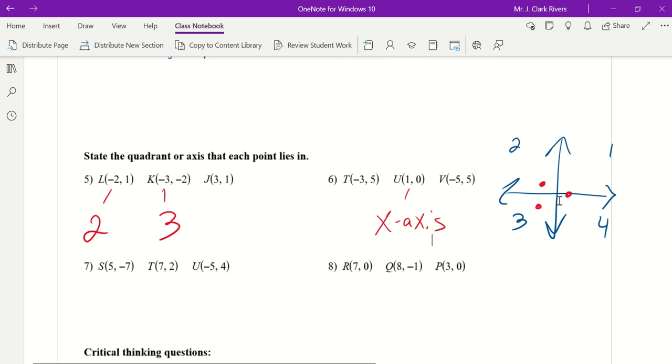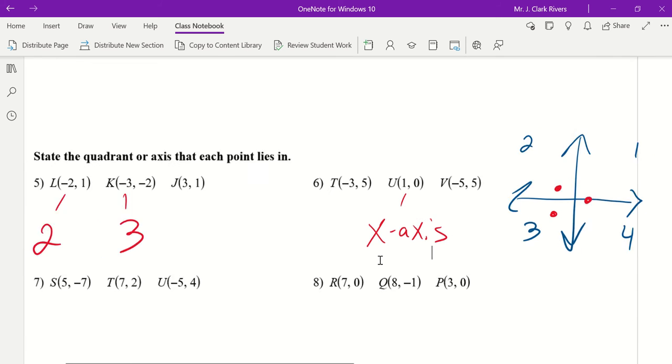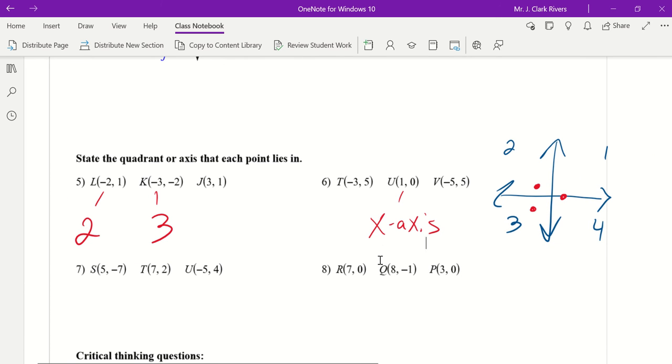Remember, if they're not in a quadrant, they're on an axis. So, for example, 1, 0 right here. 1, 0, if you plot that, it's that red point right there on the x-axis. So you would write x-axis. There were no y-axis points here. If it were at 0, 0, what's that point called? Origin. It's called the origin. Very good.